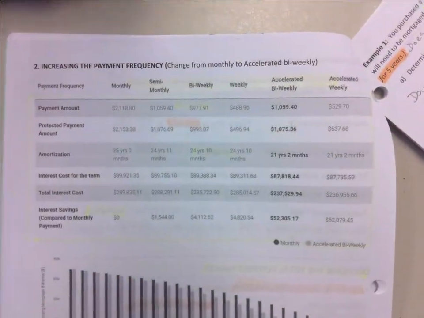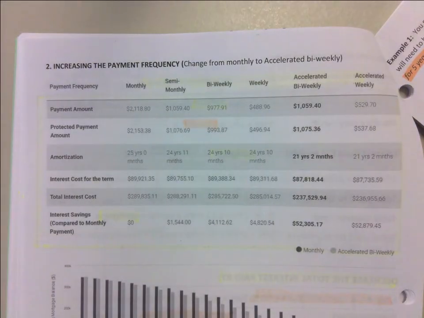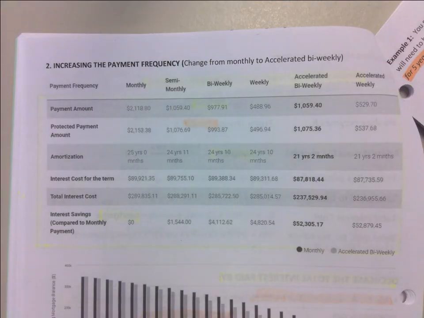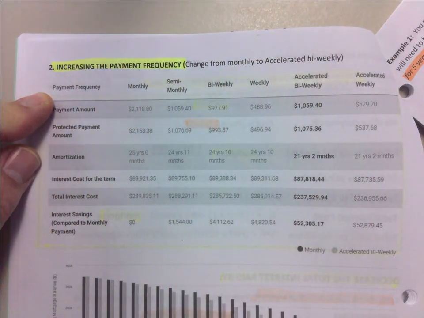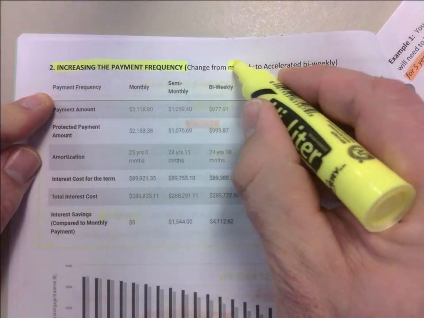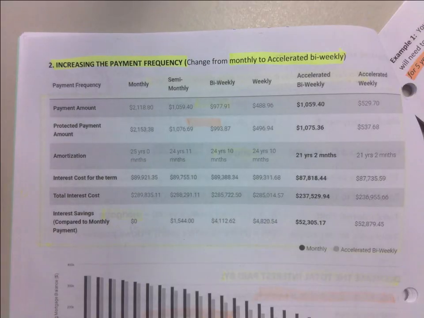Another way to save on interest. This is the easiest thing you can do. It doesn't cost you that much. It doesn't take much more money from you, but increasing the payment frequency. So basically the main idea is you're going from monthly to accelerated bi-weekly.